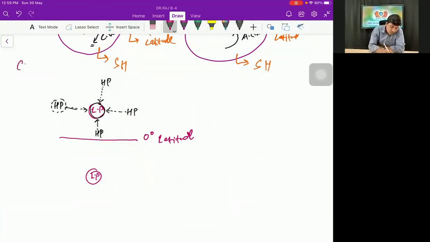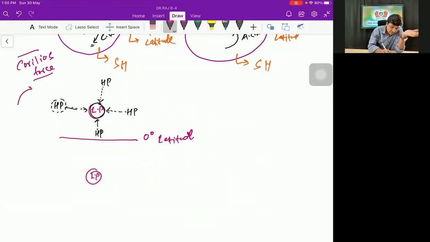So here you should know about Coriolis force. Coriolis force is an invisible force which deflects the moving wind in a rightward direction.